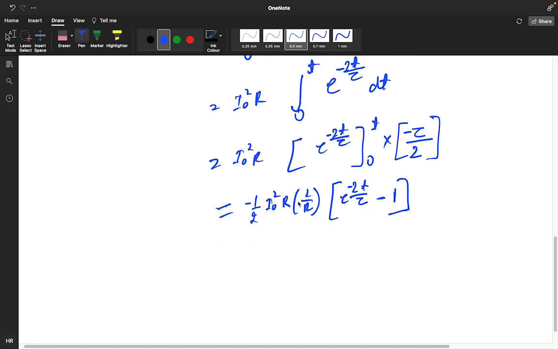Okay, so this part gets cancelled out, and this is your L value. So if you take the minus inside, you get half I naught square into L, 1 minus e power minus 2tR by L. I am putting the value of this.